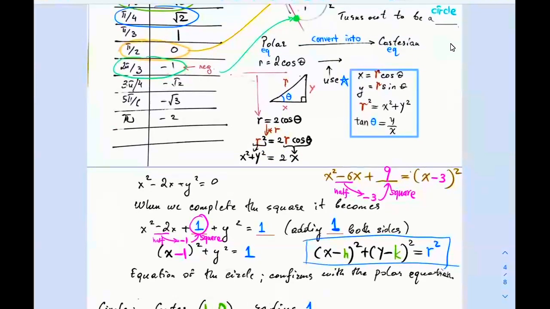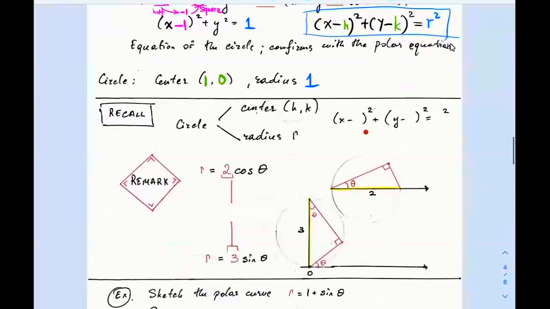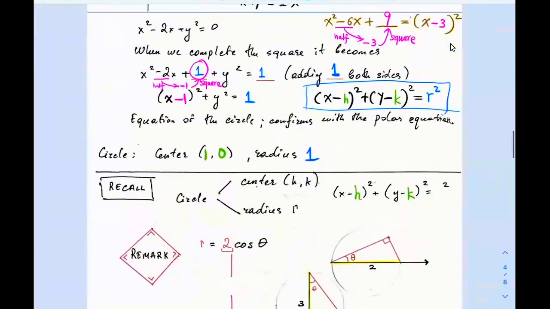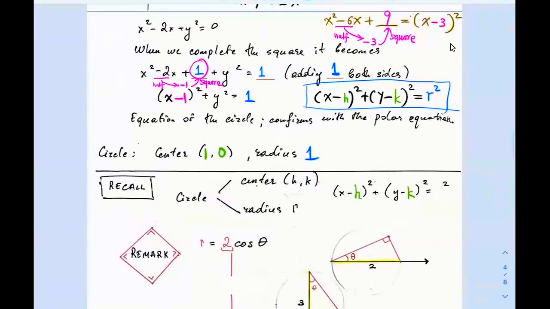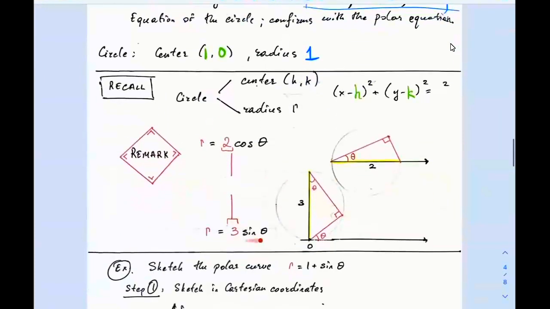But someone said, that's a lot of work. Now I'm going to tell you a trick. You can tell that right away. I'll actually explain over here, okay? You can tell right away whether this is a circle or not in polar coordinates. Whenever you have r equal to a number times cosine theta or sine theta, it's going to be a circle.